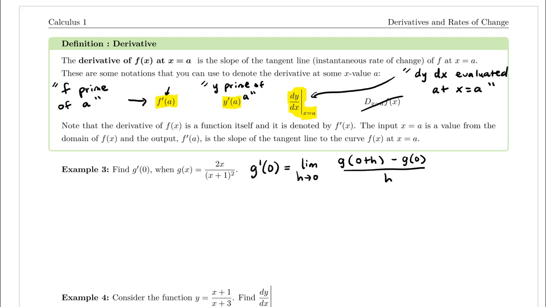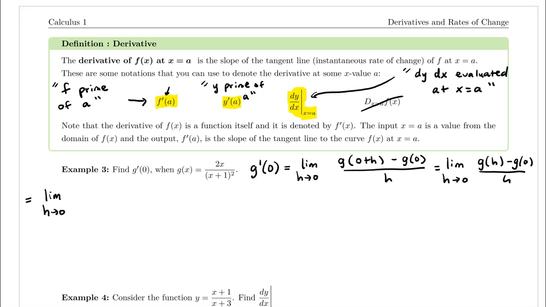Now, 0 plus h is equal to h, and so this can actually be rewritten as the limit as h approaches 0 of g of h minus g of 0 over h. So let's simplify that now. g of h is going to be 2h over, I'm constantly reminding my students about this, and yet I also forgot. I forgot the limit symbol.